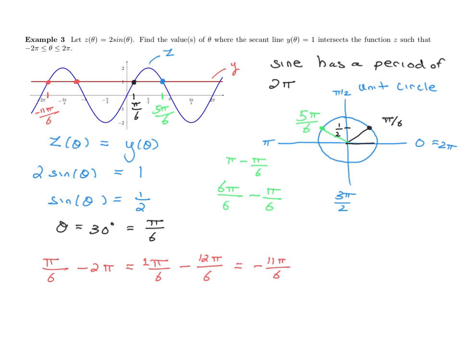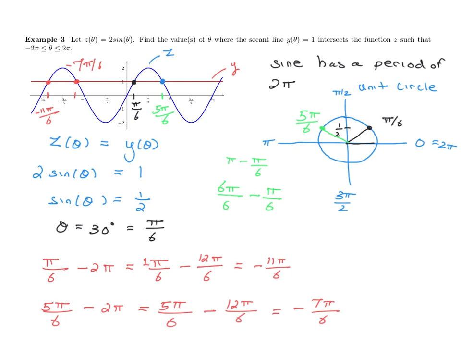If you want that, that is 5 pi over 6, but you're subtracting 2 pi. Again, I'm going to write 2 pi as 12 pi over 6. And 5 pi minus 12 pi is negative 7 pi over 6. And that is this angle here. That's negative 7 pi over 6.